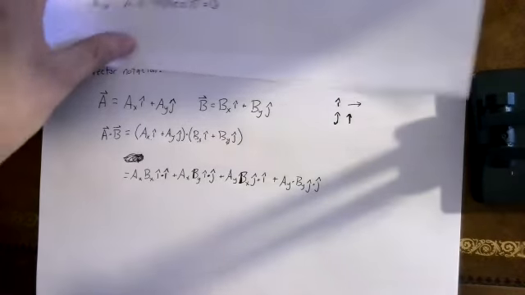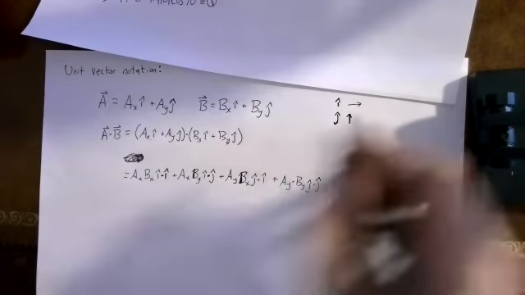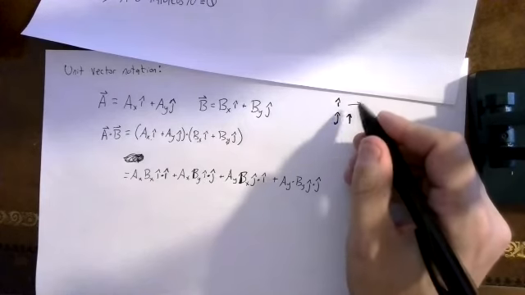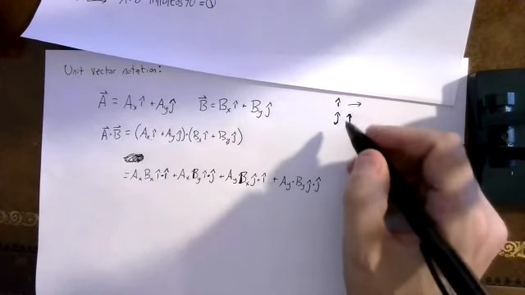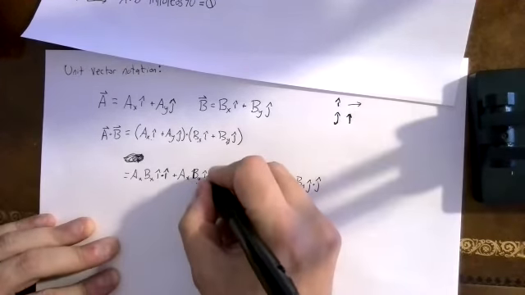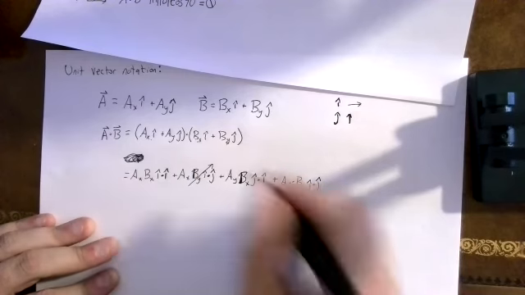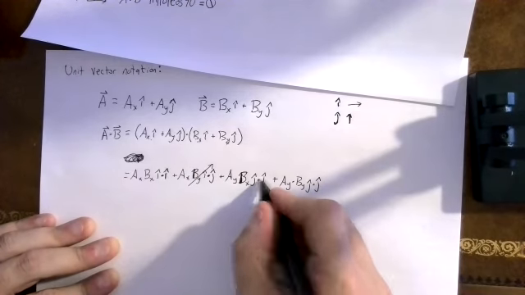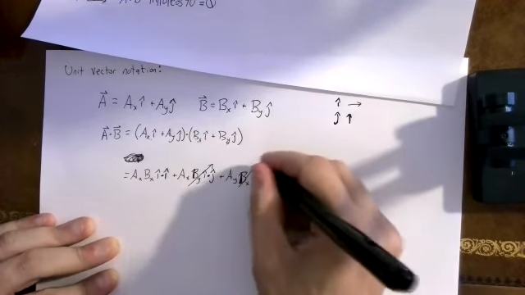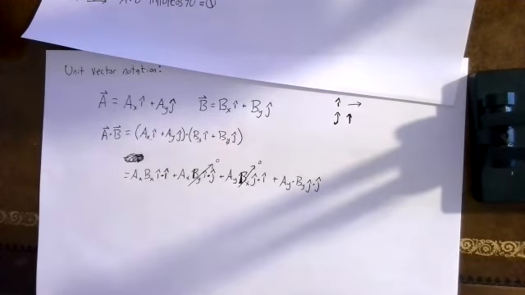So both of these terms that have i hat dot j hat are just 0, because i hat and j hat are two perpendicular vectors. If you dot product them together, it's 0. j hat dot i hat, still perpendicular, that's also 0. Both of those terms go away.